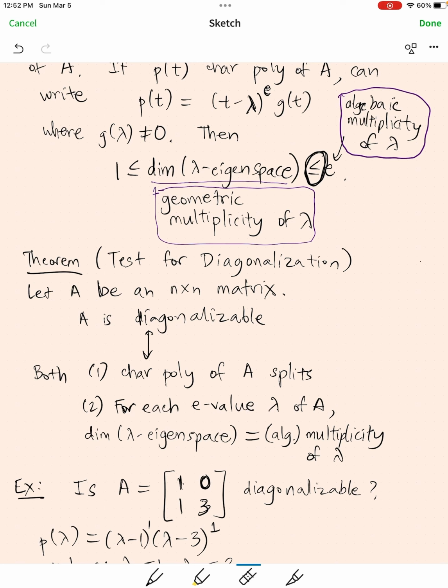So in this case, do we know what the geometric multiplicity is? Yes, it's 1, because the algebraic multiplicity is just 1, and the geometric multiplicity is always at least 1. So the only number that's less than or equal to 1 and greater than or equal to 1 is 1. So the geometric multiplicity is equal to 1.